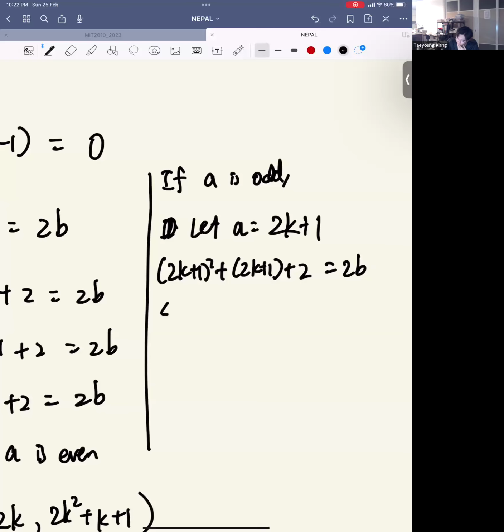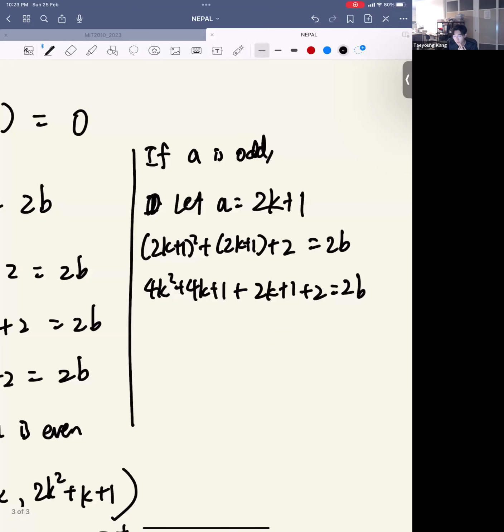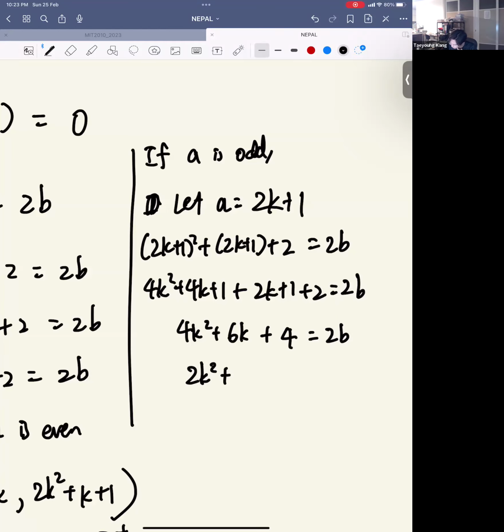Then we have 4k squared plus 4k plus 1 plus 2k plus 1 plus 2 equals 2b. Then we have 4k squared plus 6k plus 4 equals 2b. Then we have 2k squared plus 3k plus 2 equals b.